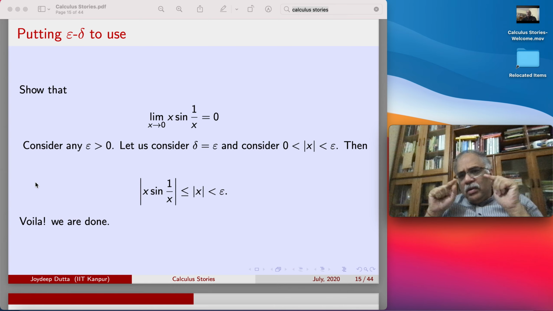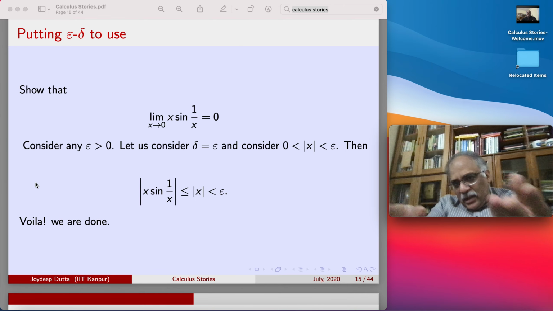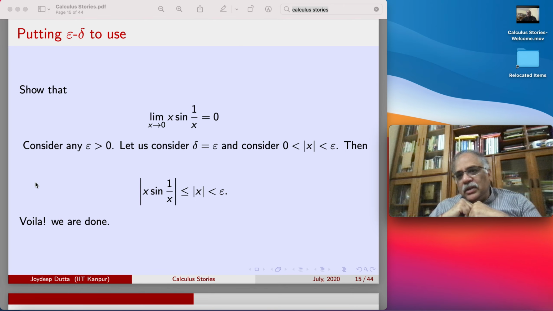So what does it mean by x going to 0? As I told you, it means that I can find some delta, in this case I have chosen delta equal to epsilon, such that when x is not equal to 0, mod x is strictly greater than 0 and strictly less than epsilon.